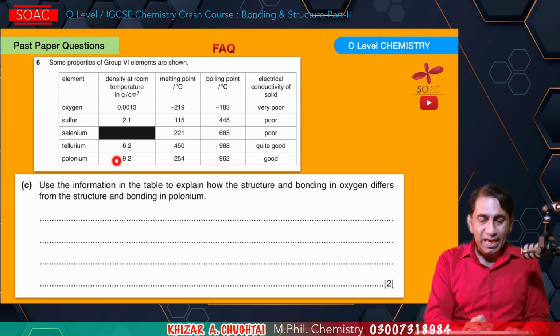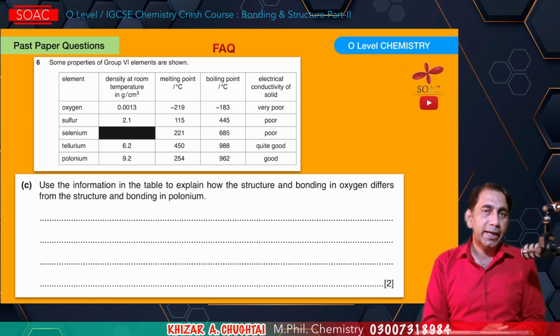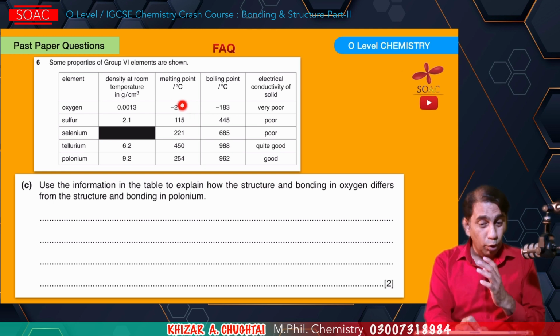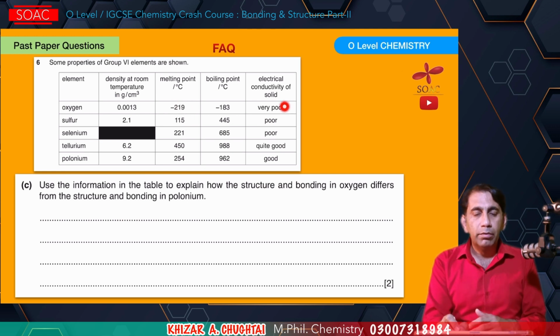Polonium has high density, high melting point, high boiling point, and good electrical conductivity. But oxygen has low density, low melting point, low boiling point, and very poor conductivity.